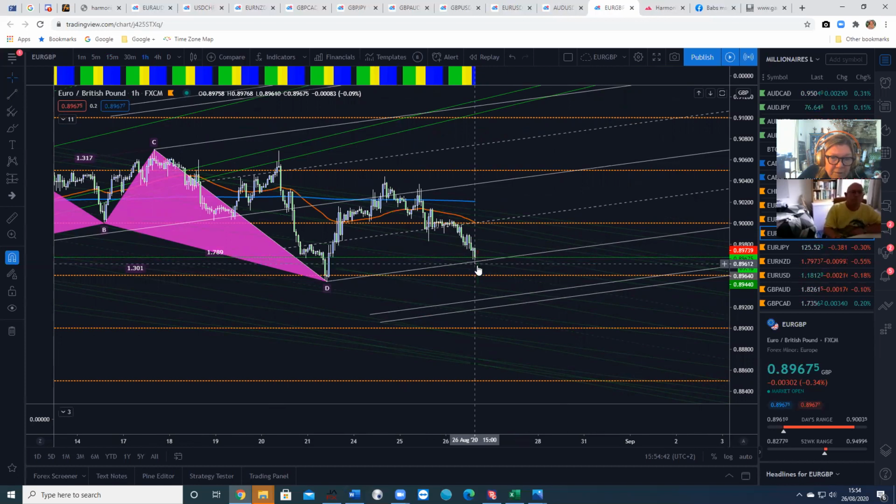So the question is, is it now going to move further down to that quarter theory at 0.89, 500, and then turn around again, or carry on even down to those extensions?